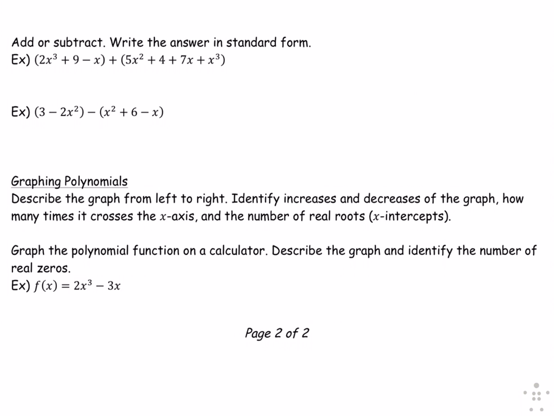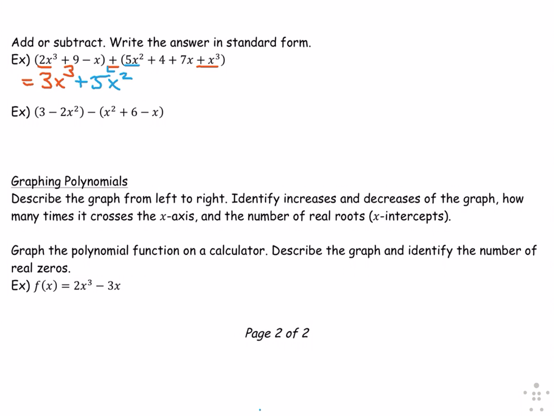So I see that the highest power is x cubed, so then I look at this and add it with that, and since the powers are the same, keep them the same and just operate on their coefficients. So 2 plus 1 gives me a total of 3x cubed. And then I go and look at the next highest power, which is squared. So that's a positive x squared and plus 5x squared.